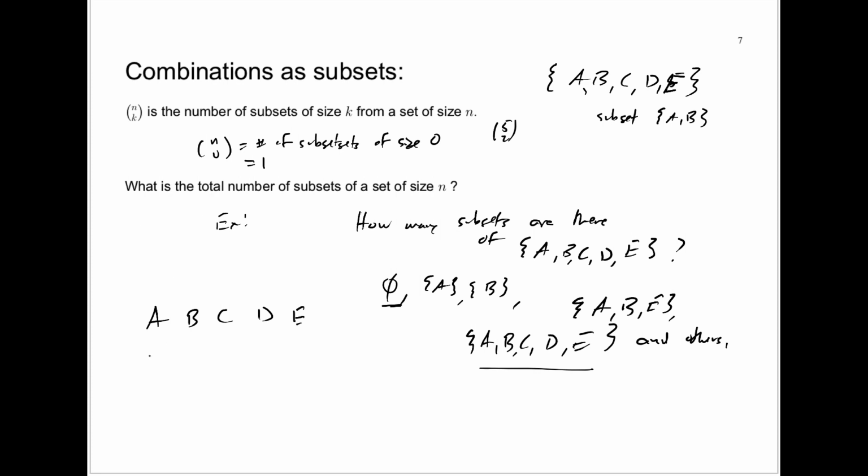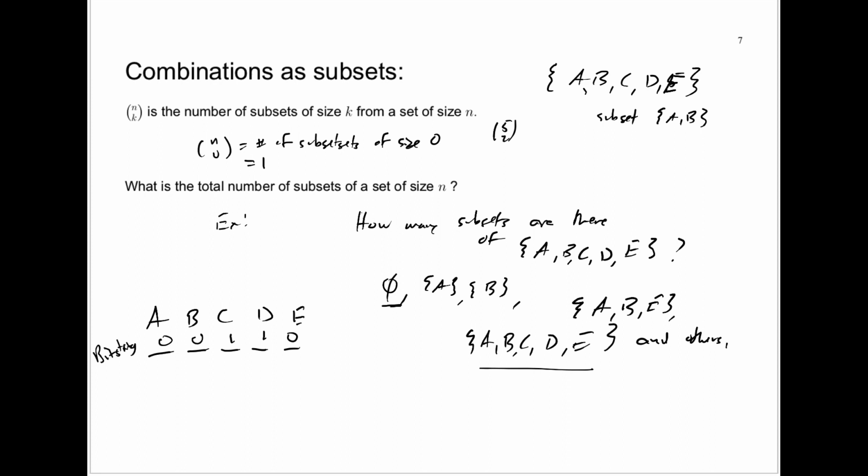I'm going to look at a string, in this case a bit string of length 5. When I talk about a bit string, I mean a string of 0s and 1s. Here's an example of a bit string, 0, 0, 1, 1, 0. Any string that only contains 0s and 1s.